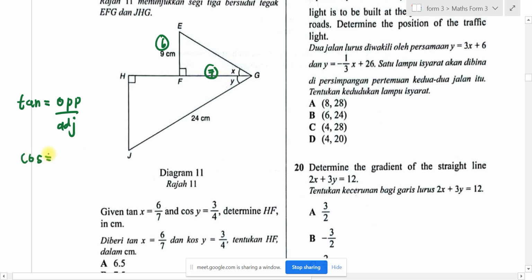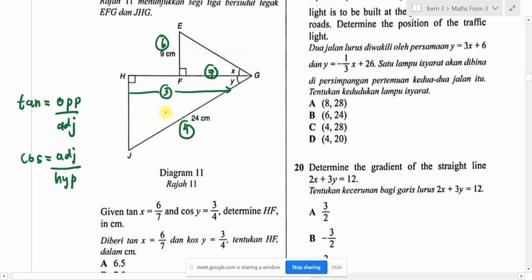Cos is, can anyone help? Adjacent over hypotenuse. So cos y, adjacent is this one, HG, which is equal to 3, and the hypotenuse is 4.